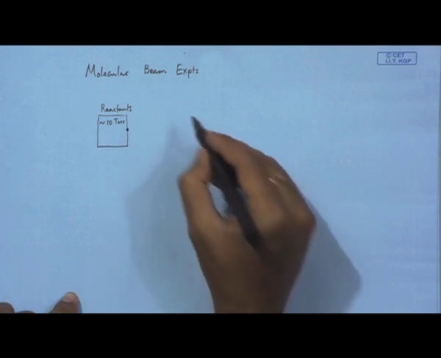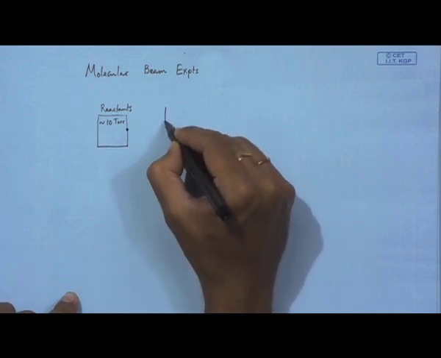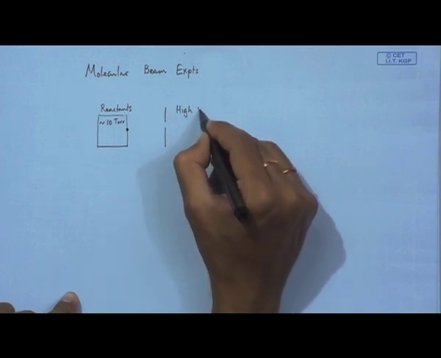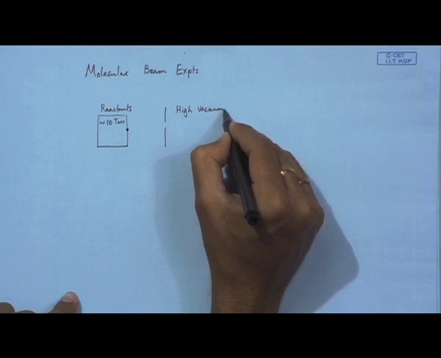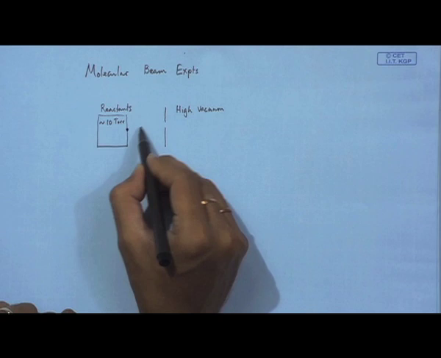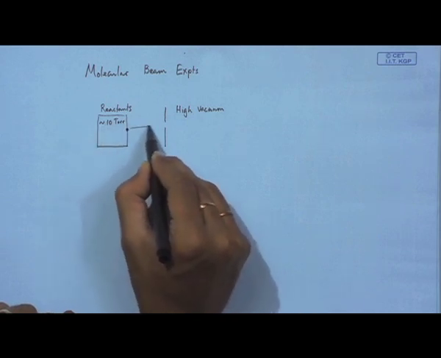And this side there is high vacuum. So, from the source, the reactants will effuse like this.